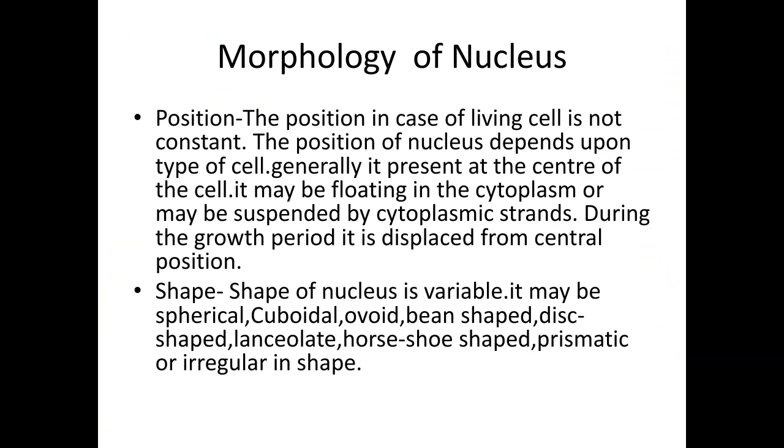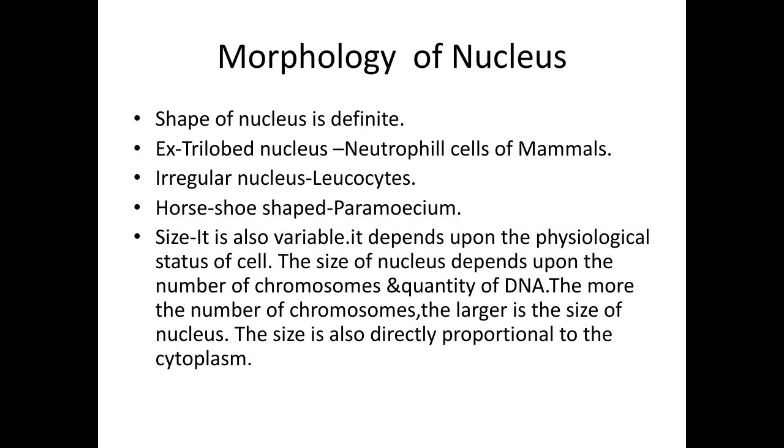The shape of the nucleus is variable. It may be spherical, cuboidal, ovoid, bean shaped, disc shaped, lanceolate, horseshoe shaped, prismatic, or irregular in shape. In some cells the shape of the nucleus is definite.